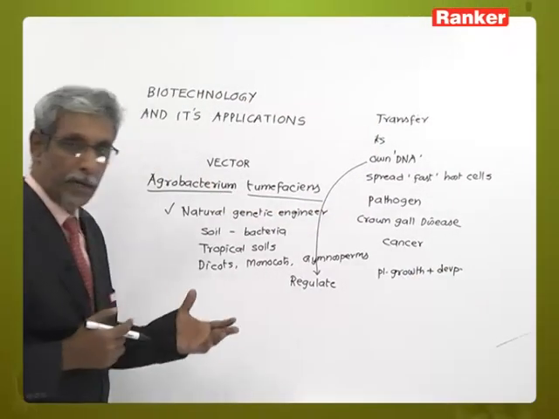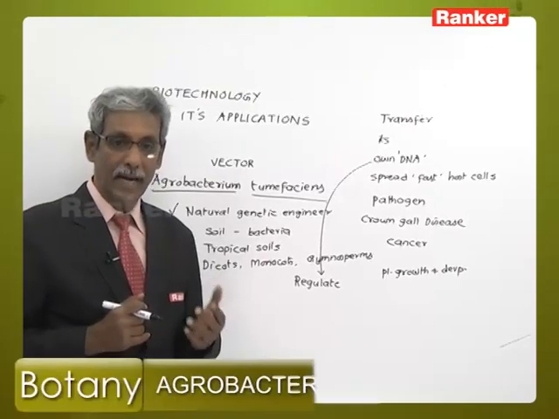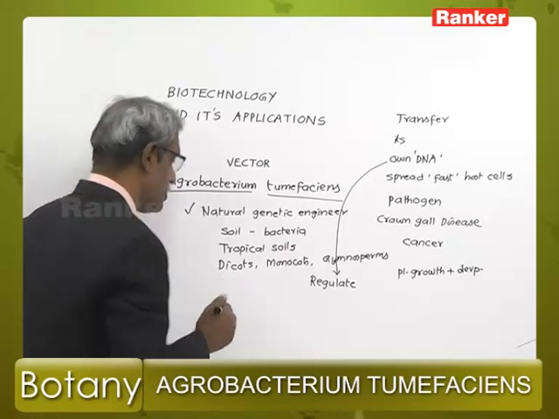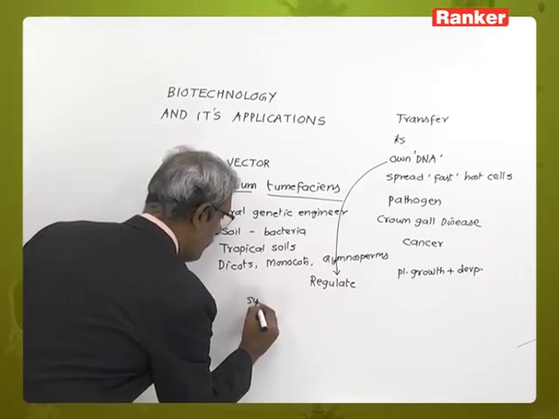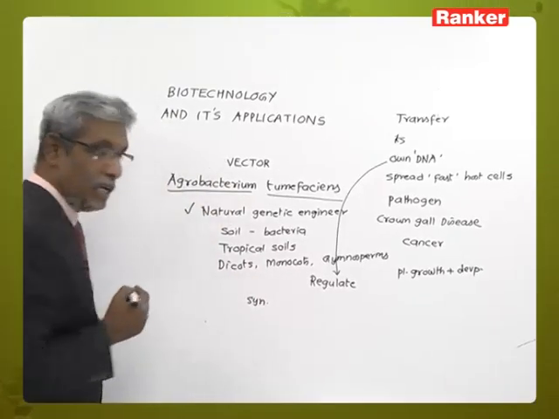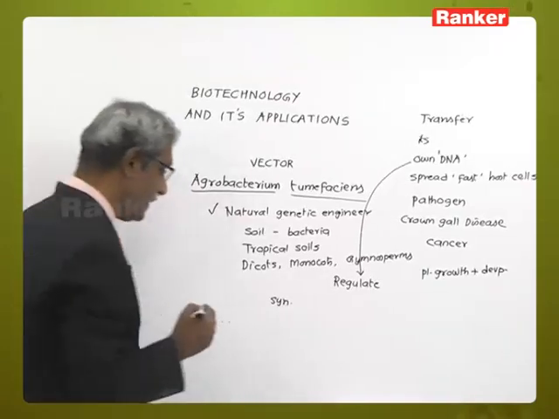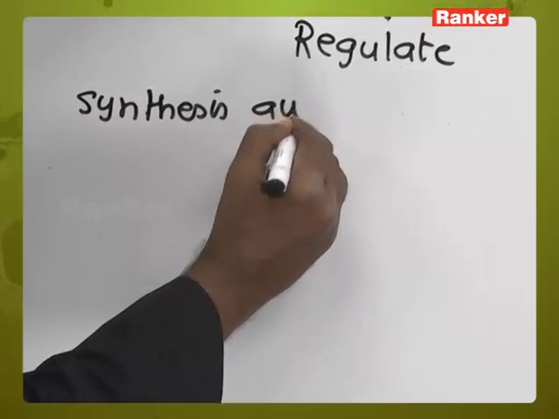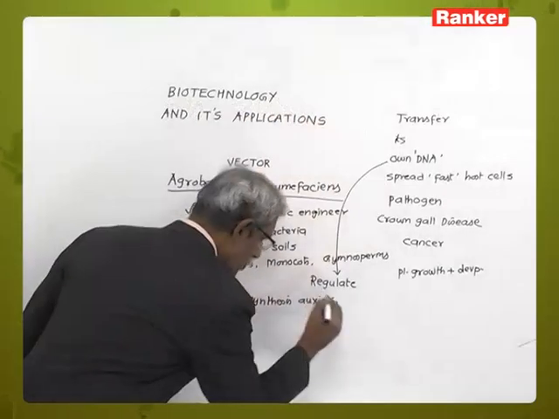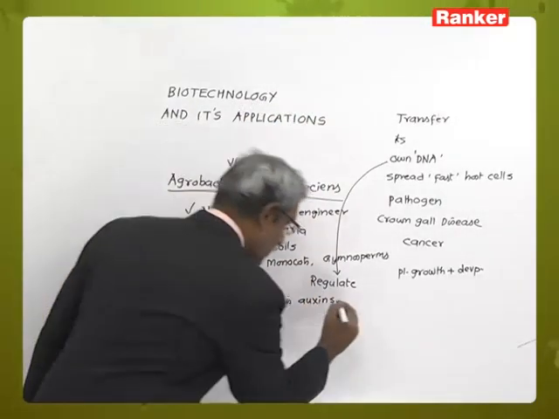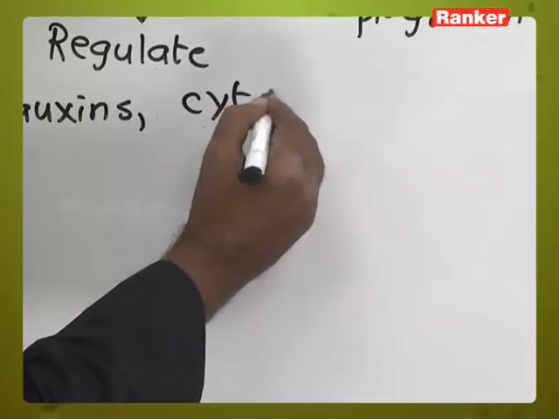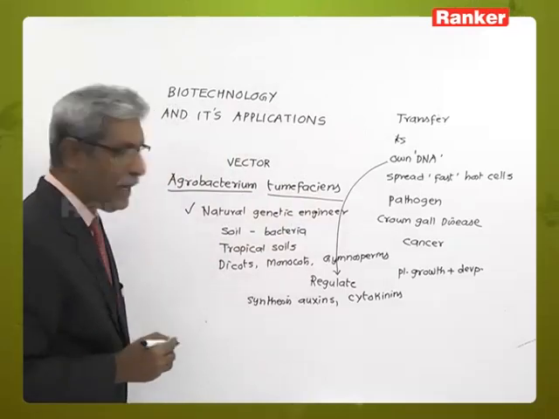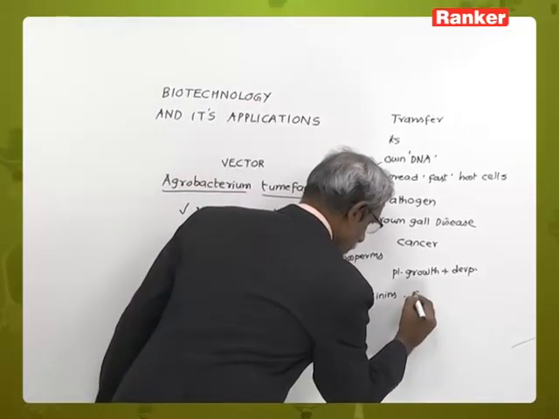It can totally take control of the plant growth and development. At the same time, the DNA is also responsible for the synthesis of auxins, which are growth hormones, cytokinins, which help in cell division, and a group of compounds which are termed opines.